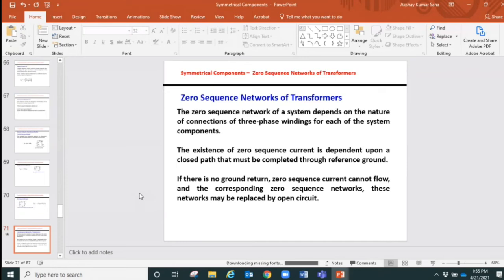So if we neglect that 1% or 2%, most of the primary current is coming from the secondary current. Now if we leave the secondary open, there will be no secondary current. I2 will be equal to 0. So if there is no secondary current, there will be no reflected component of the secondary current on the primary side of the transformer.